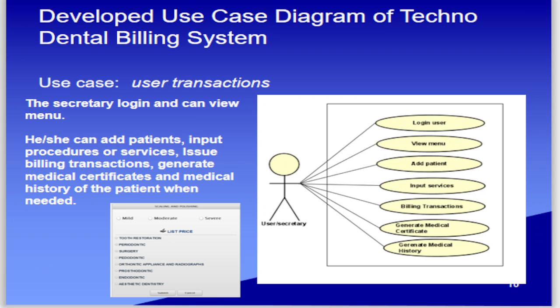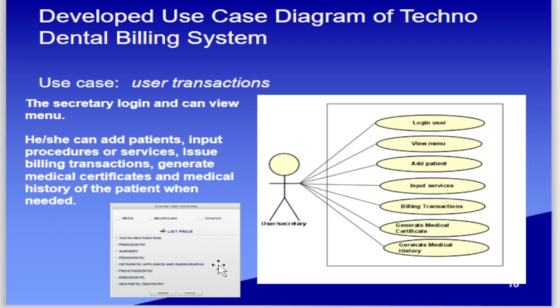To expound further on the transaction of the user, the secretary or the user logs in and can view the menu. So he can add the patient, then all the necessary and relevant information of the patient will be added. After that, the secretary will look for what services or procedures the patient needs.